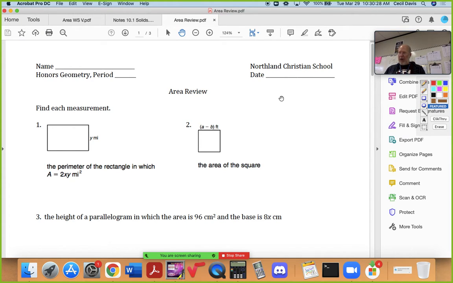Number three is 12 over x centimeters. Number four is x inches. Number five is 660 square millimeters. Number six is 60a plus 24ac square kilometers.